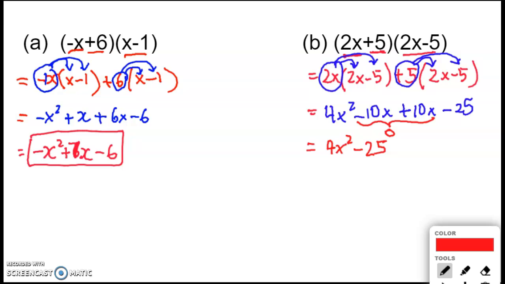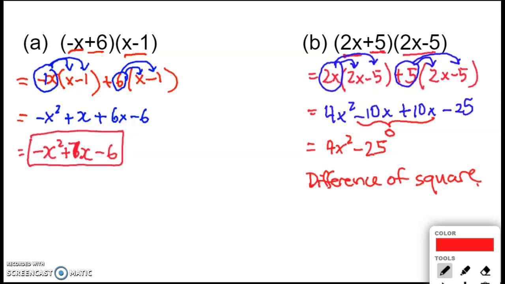This has a special name. It's called difference of squares. It's called that because you can do an area model where you are actually finding the difference of two areas.